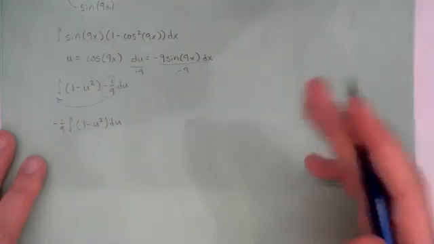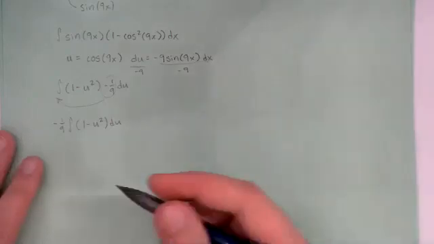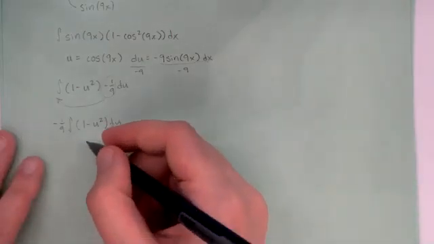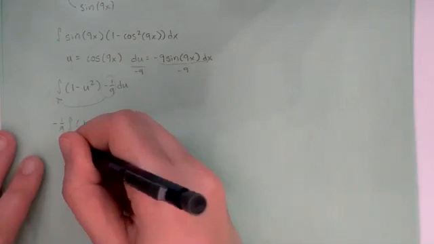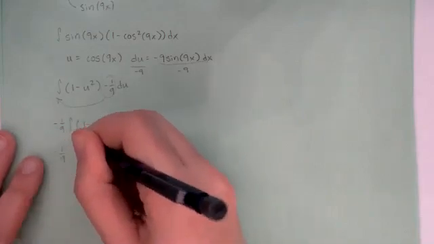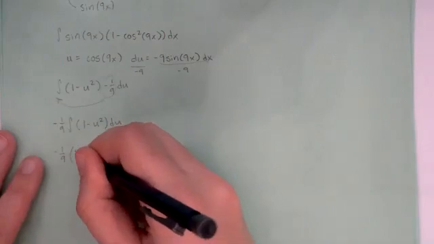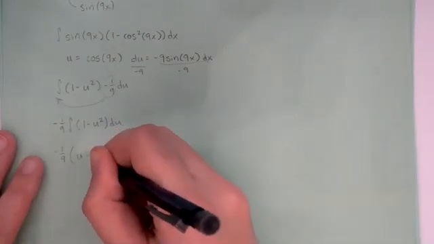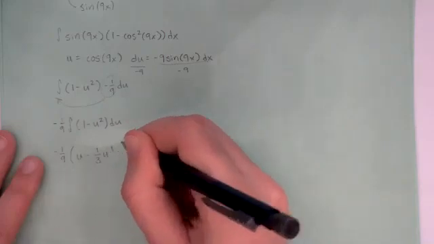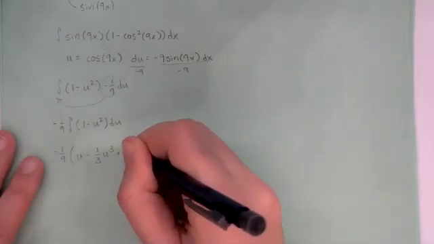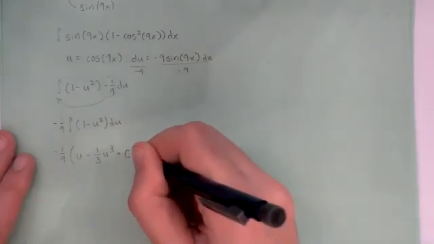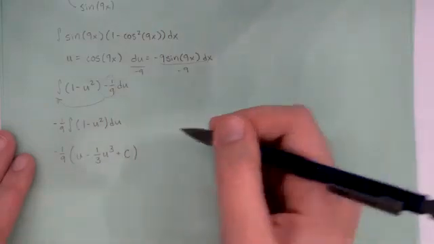Sweet. So after that, it's not looking so bad. We can just take the integral as we would regularly. We are going to have negative 1/9 times what our integral is going to be, and that is u minus 1/3 u cubed, plus c because it's indefinite. Then let's plug in our u.